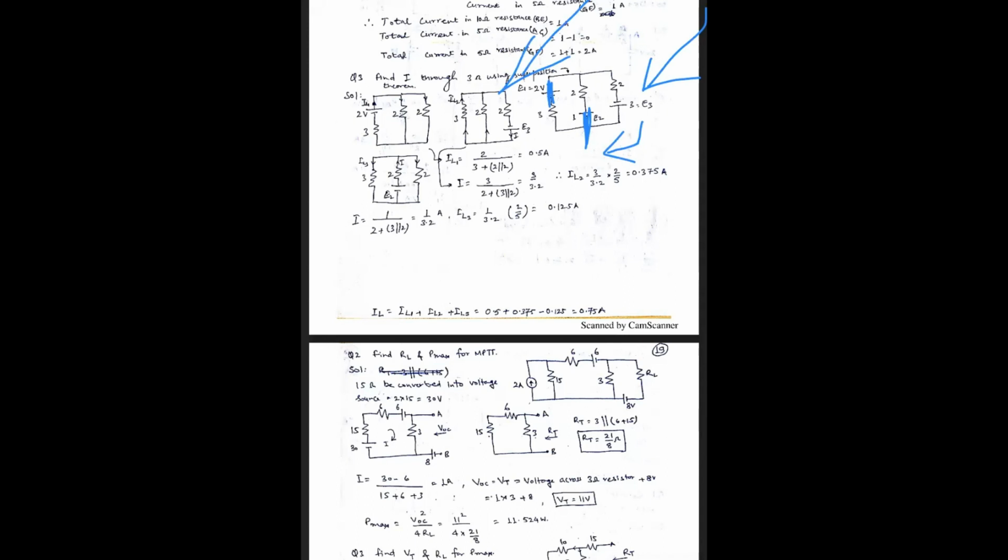Okay. So when this current is flowing, now this 3 ohm and 3 ohm, 3 ohm and 2 ohm become parallel, and it is in series with this 2 ohm resistance. Okay. So it is calculated as 3.2.